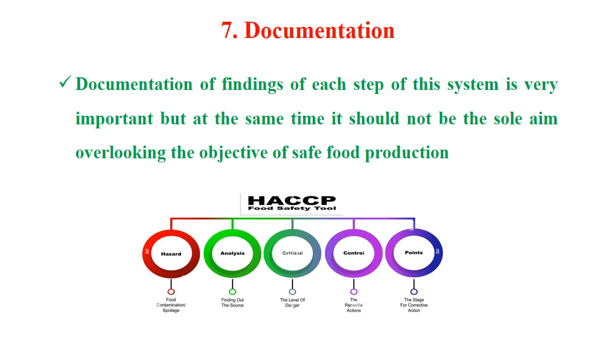So for the whole system application of HACCP, there has to be documentation at every step of what is happening, whenever there is a deviation or whenever it is going correctly, day to day, time to time. All the records should be kept. Nowadays with the application of computer systems, everything is automatically recorded and indicated, and in many places there will be sensors. So whenever there is a deviation, the sensor will give the indication and it will be recorded in the system.